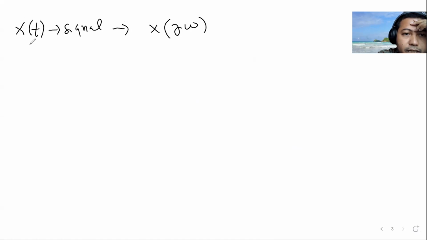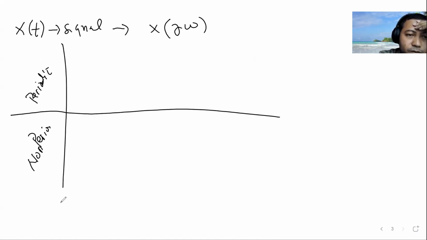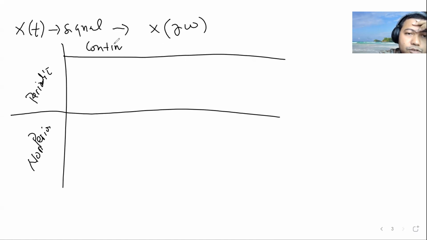And this x(t) can be classified, if you remember, from the elementary signals, and distinguished based on periodic and non-periodic, and then we can write like this. Also we can distinguish between continuous and non-continuous.